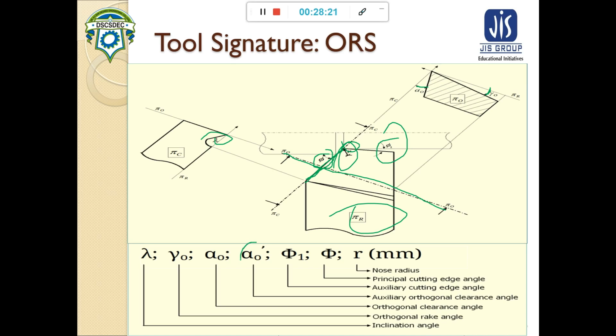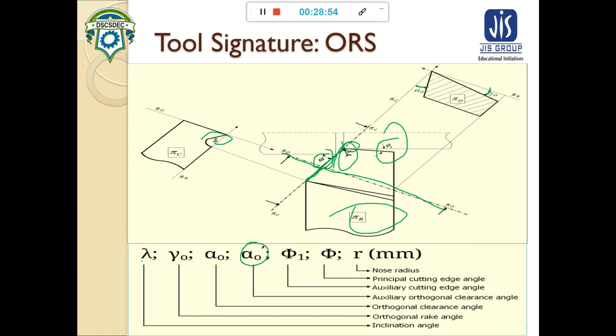For finding the auxiliary orthogonal clearance angle, an auxiliary plane is imagined, and in that auxiliary plane we can see this alpha 0 dash value. That's why we can say that this alpha 0 dash value is not a true angle, it is an imaginary angle. So the tool signature for the ORS system will be like this.